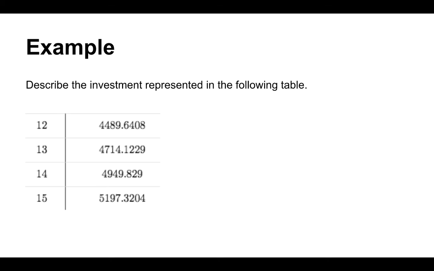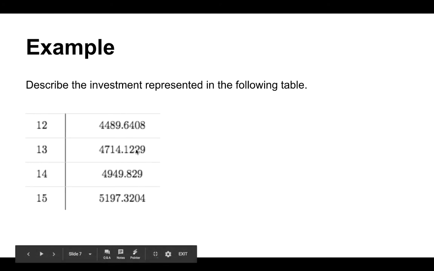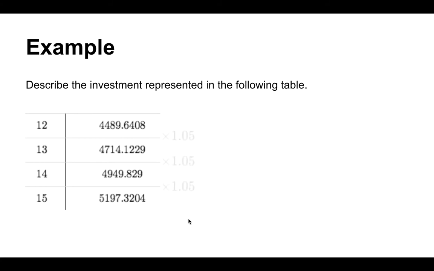This little table here is just a screen capture. I didn't put it in the nearest penny, but we do have a little bit more accuracy here. We notice that the common ratios are the same, every time you multiply by 1.05.